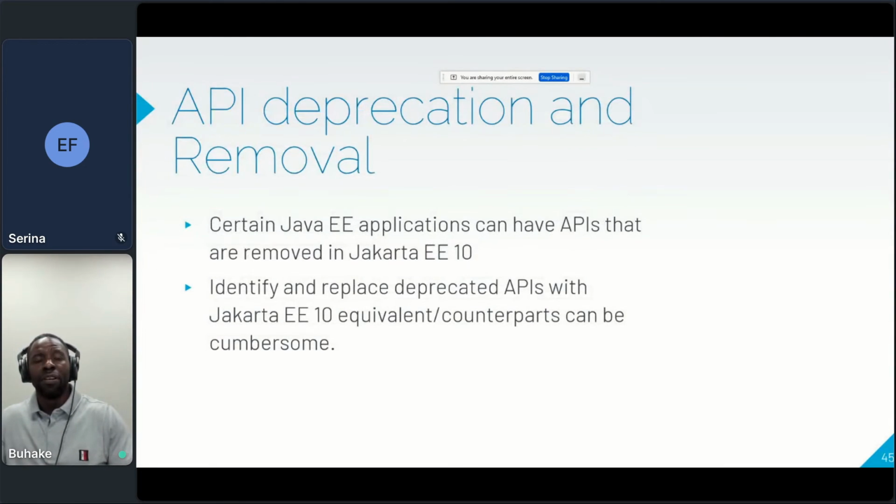And then certain APIs, for example, get deprecated. For example, in the future, I think EJBs will be phased out. So you just have to be aware of which packages and which frameworks are getting deprecated, and find alternate solutions.